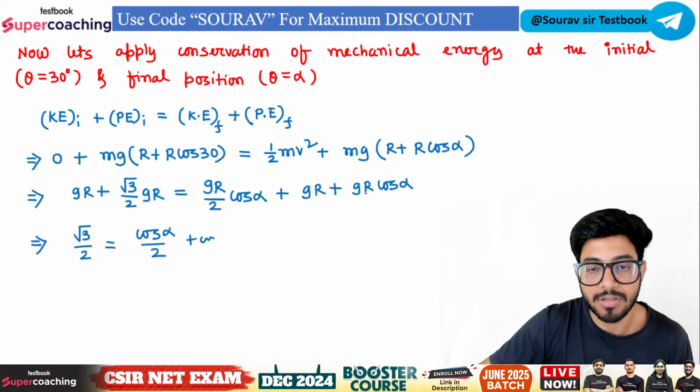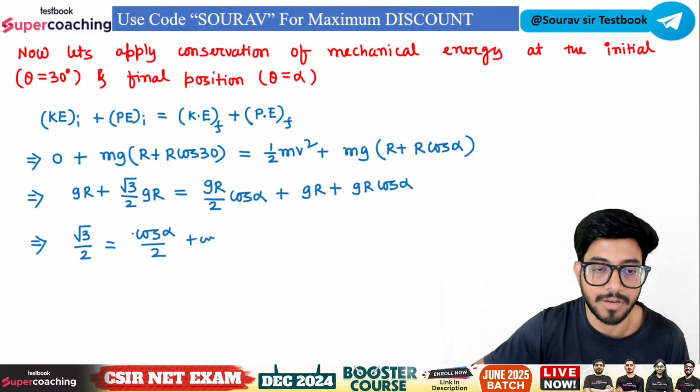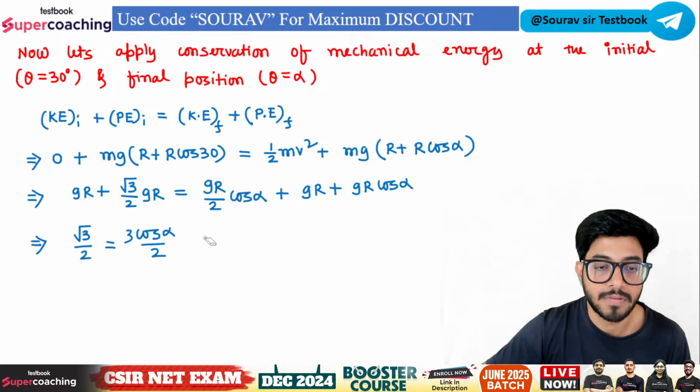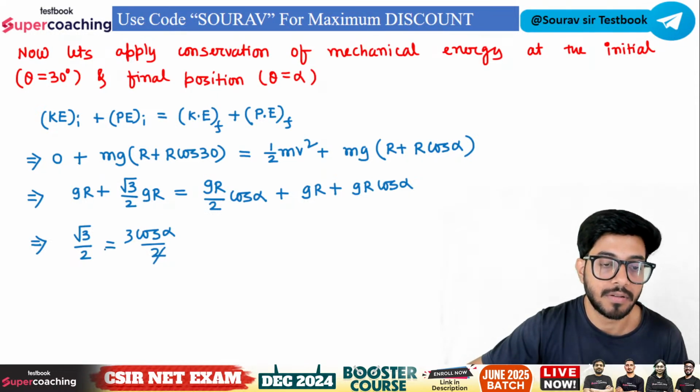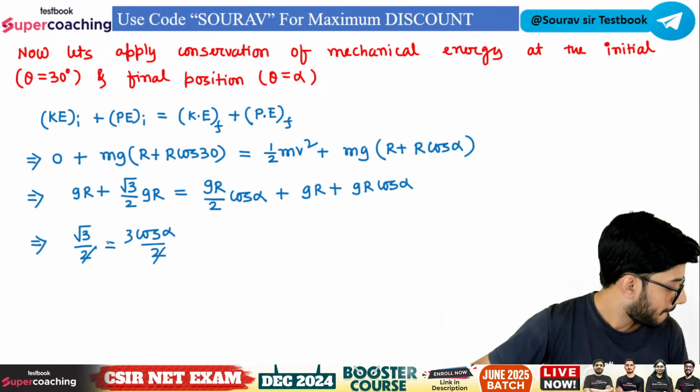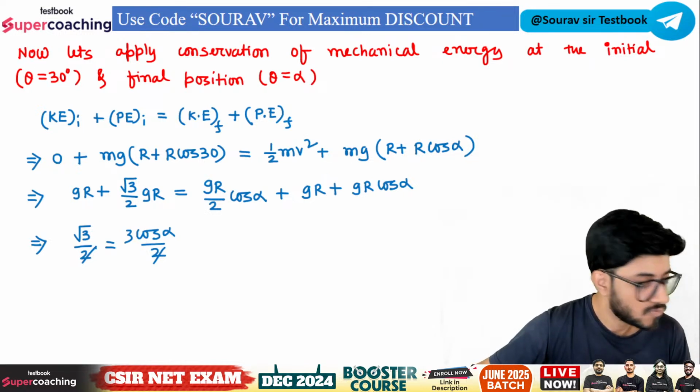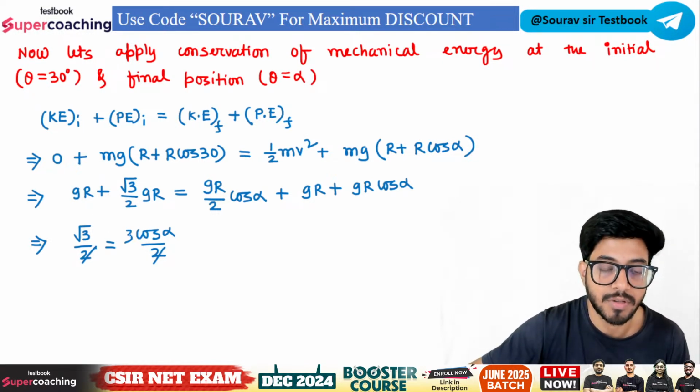One second: 3 by 2 gr cos alpha is coming, adding this with it, gr cos alpha common, 1 plus 1 by 2 is 3 by 2 cos alpha. Good. So 2 cancels out, and cos alpha is 1 by root 3.